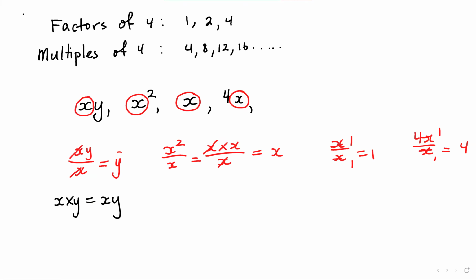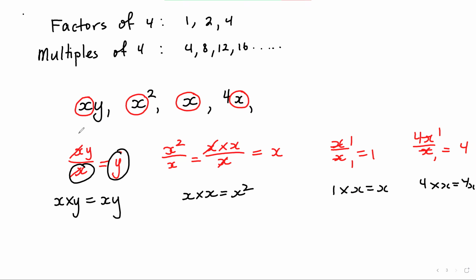X times x gives me x squared. 1 times x gives me x, and 4 times x gives me 4x. So when you multiply the factor by the quotient, you get back the original number that you're dividing. Those are just some fundamental facts about factors.